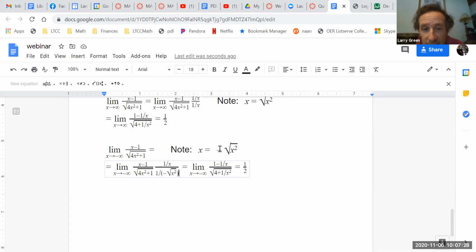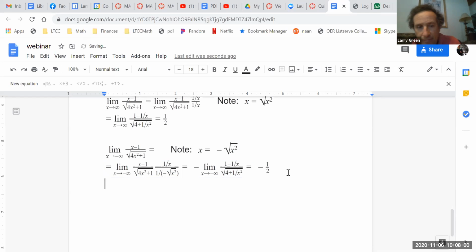Because x is equal to negative the square root of x squared, it's not equal to the square root of x squared. And that's a subtle point where everyone makes a mistake. It's very easy to get fooled, but you can't just ignore it. Then we can take this negative sign and pull it out of the limit. And we don't get a half, we get negative a half. Any questions?